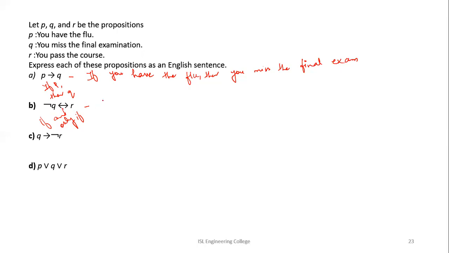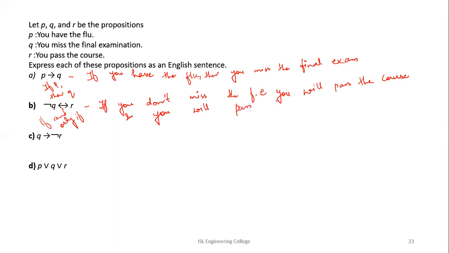So it is usually written as: if you don't miss the final exam, you will pass the course, and you will pass the course if you don't miss the final exam.